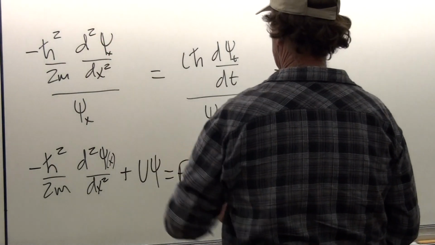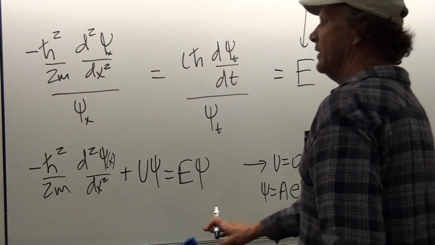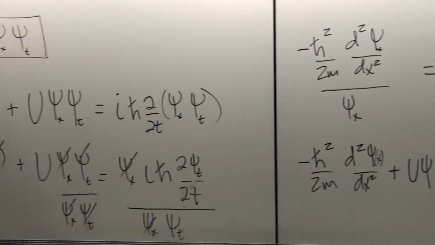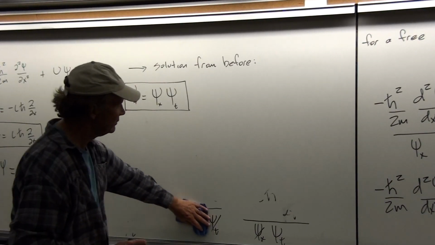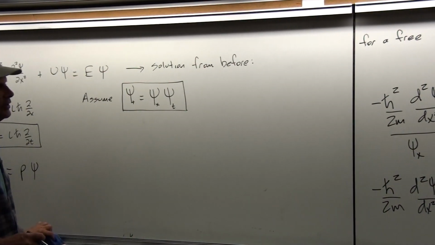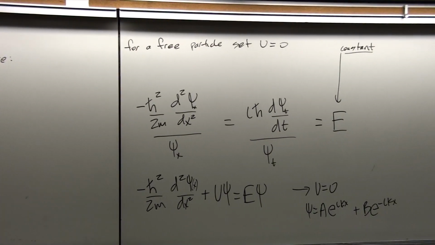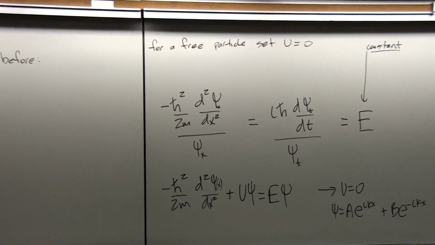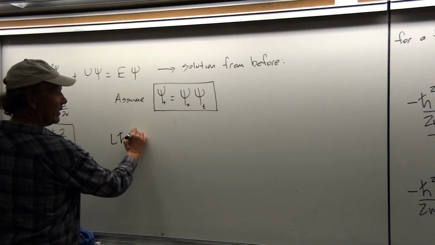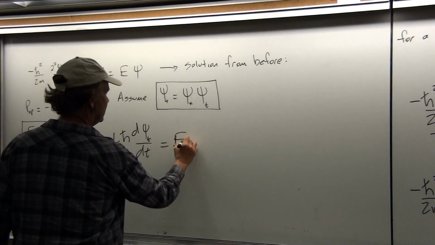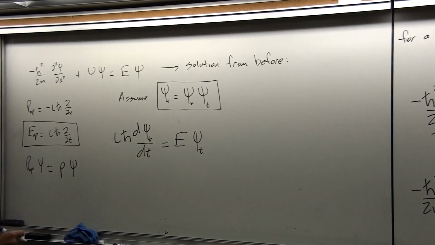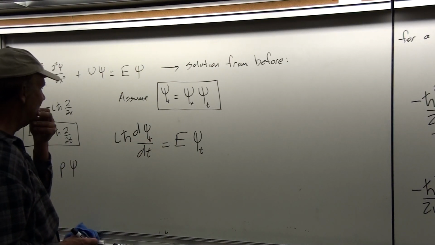But now, let's go a little farther with this, and let's look at how the time dependence is going to look. We know what the x dependence is going to look like. That just involves the separation of variables of our Schrodinger equation that involves the x part of the wave function. But if we look at i h bar d psi(t) dt equals E psi(t), then we need to solve that first order differential equation. So how do we do that? Well, we can do separation of variables here.